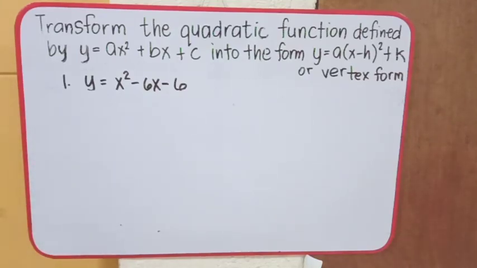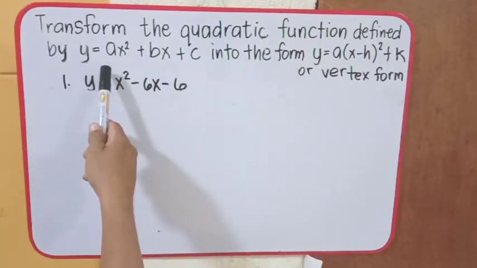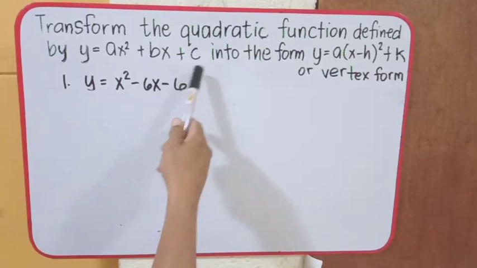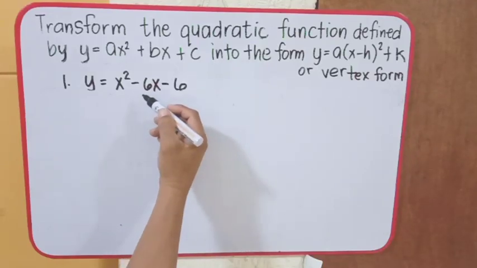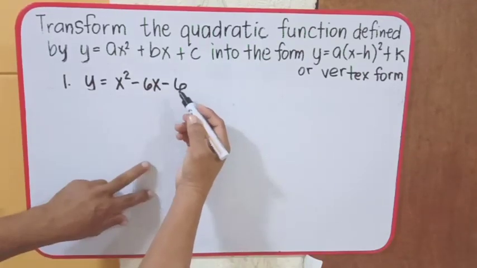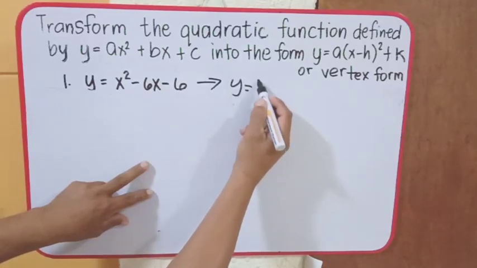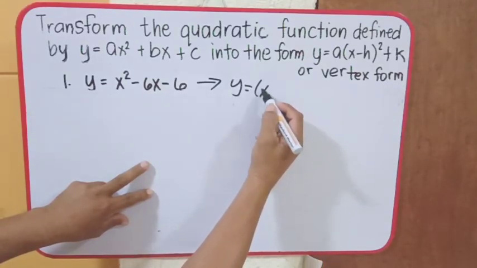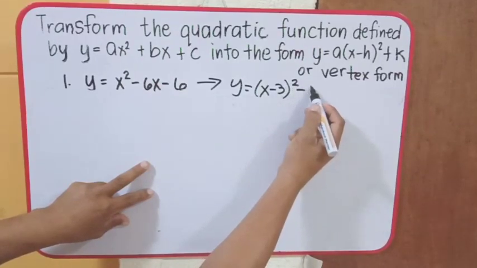Okay, so continue natin yung transforming quadratic function by y equals ax squared plus bx plus c into the vertex form. Yung example 1 natin kanina, y equals x squared minus 6x minus 6, kung ginawa natin siyang vertex form, y equals the quantity of x minus 3, quantity square, minus 15.